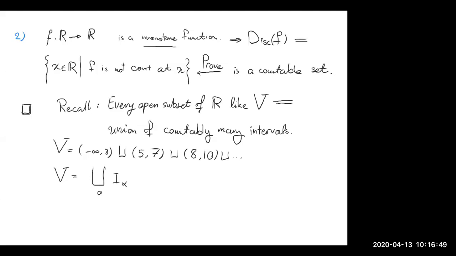So it's a union of a lot of intervals. The reason why there are countably many is that inside each of these intervals we can choose a distinct rational number. We can choose, say, R1 here, R2 here, R3 here, and these rational numbers are distinct. So Ri is not equal to Rj when i is not equal to j.